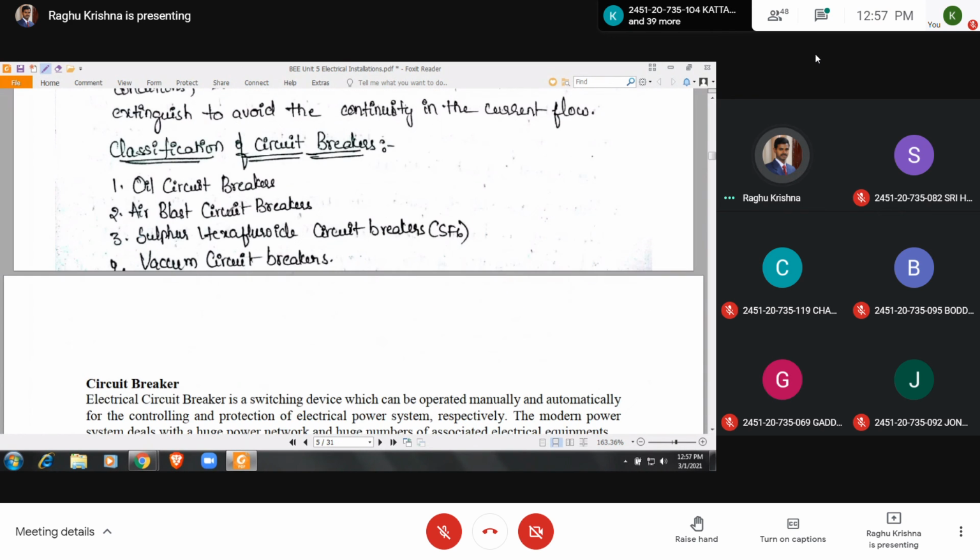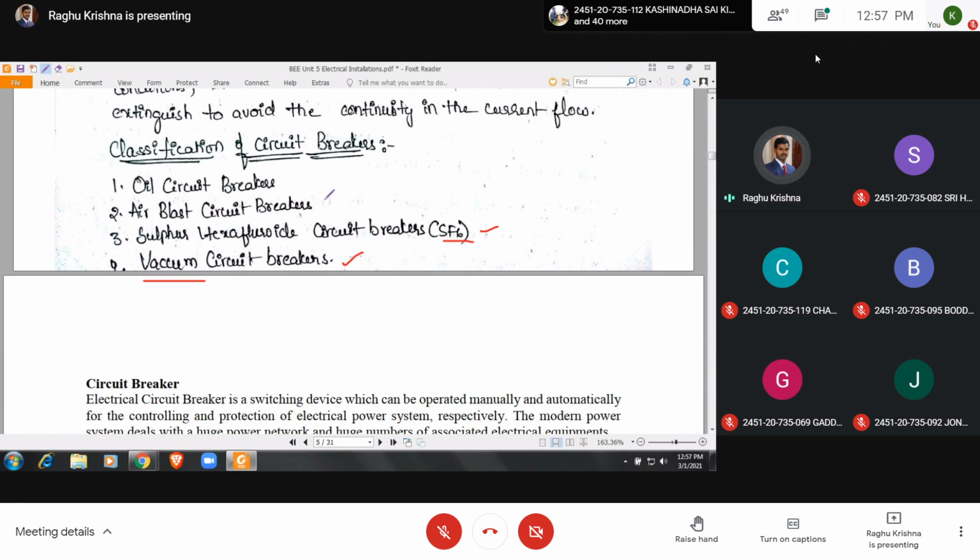Now, the classification of circuit breakers: oil circuit breakers, air blast circuit breakers, SF6 circuit breakers, and vacuum circuit breakers. If you go to any substation or industry, you will see SF6 circuit breakers or vacuum circuit breakers. Nowadays, SF6 and vacuum circuit breakers are used more than the others.